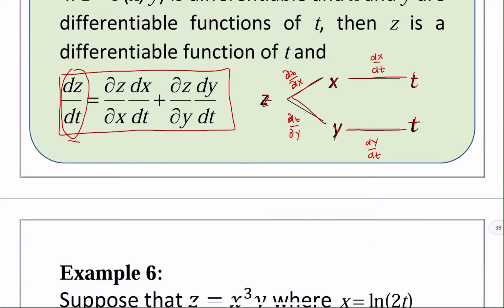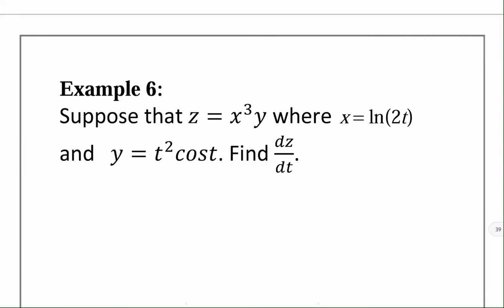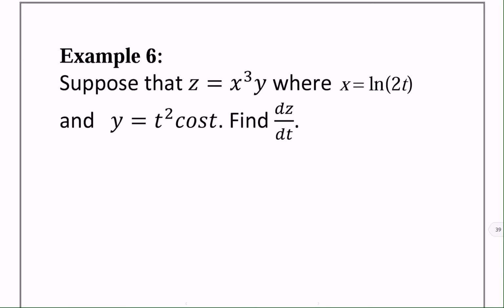Alright, example. Look at here. Suppose that z is x cubed y. So this z is f(x,y), but x is ln 2t, meaning that x here is in terms of t, and y is equal to t squared cos t, where y is in terms of t.